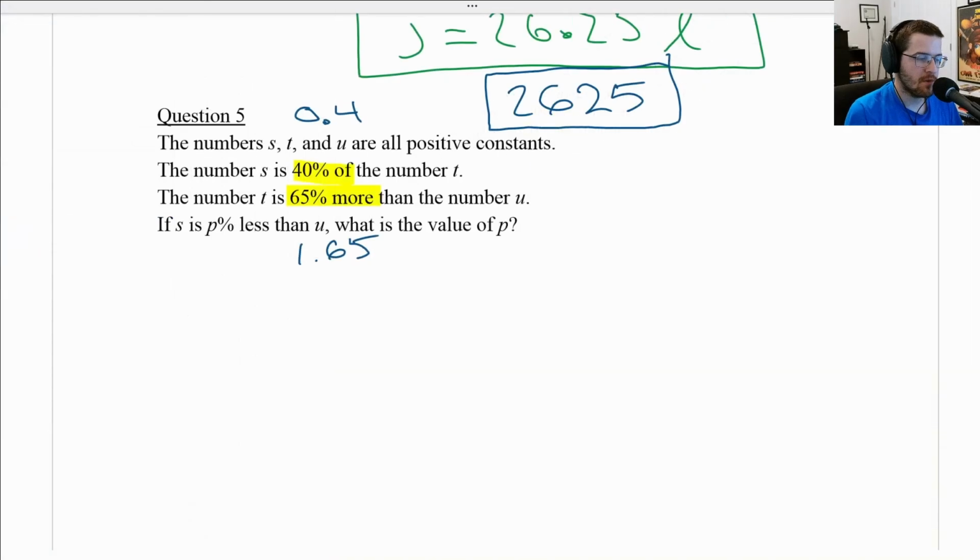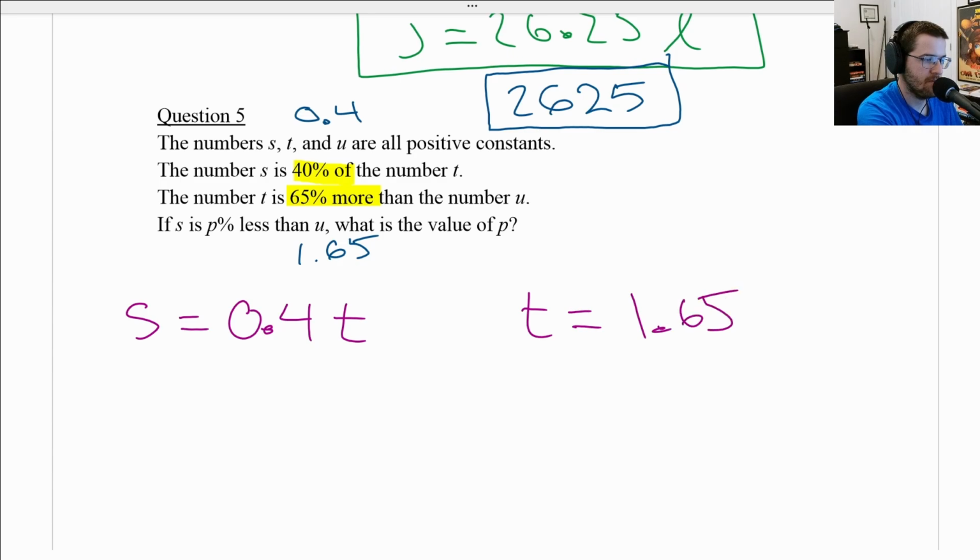Okay, now we're ready to do the words to math. So it says S is, that's S equals 40% of, that's 0.4 T. And then the other one is T equals 65% more, that's 1.65, as we just talked about, U. We look at the prompt now, and it wants us to relate S and U. So this means we want to substitute for T. We want it to drop out of the system.